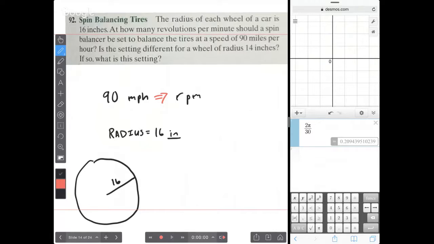So if the wheel is 16 inches, then the circumference, which still equals 2 pi times the radius, equals 2 pi times 16 inches, equals 32 pi inches.